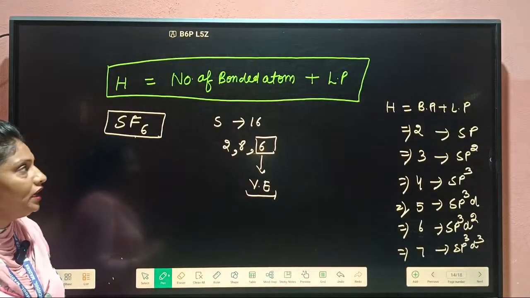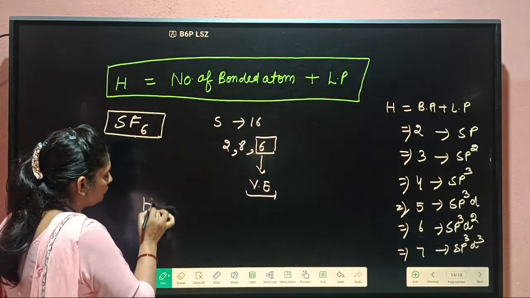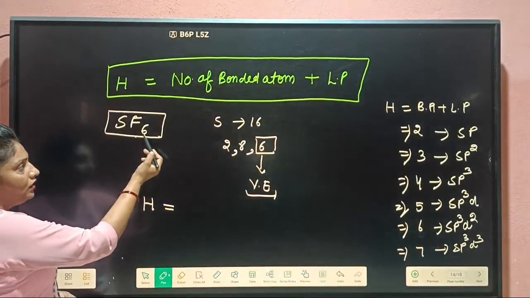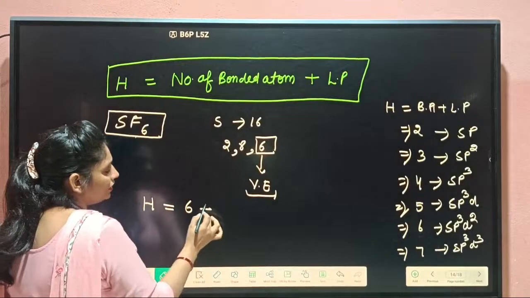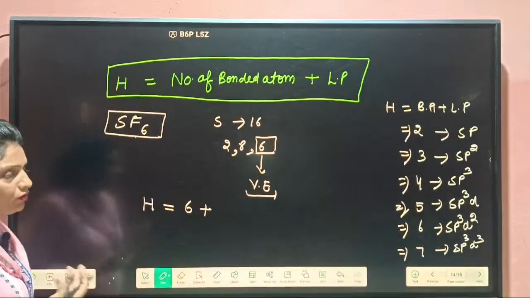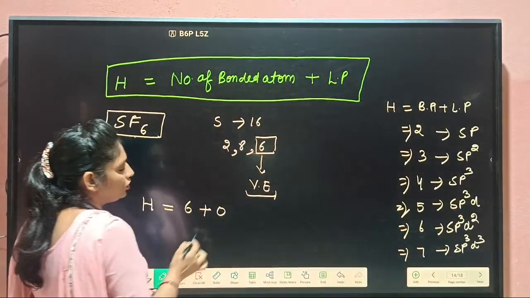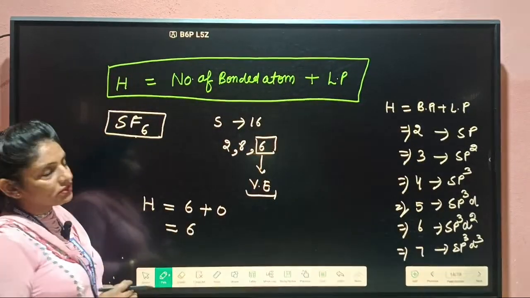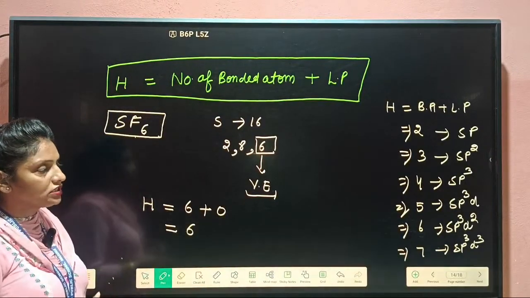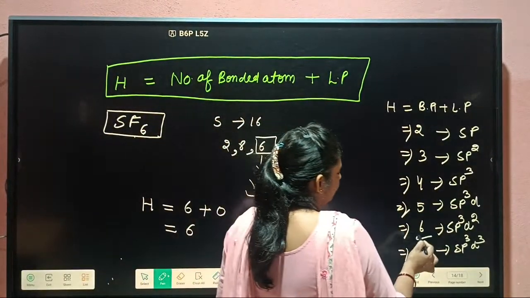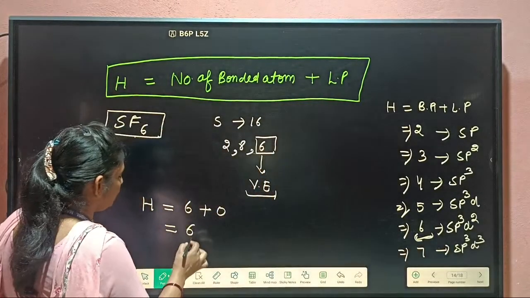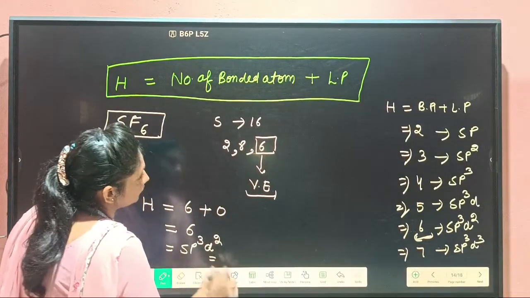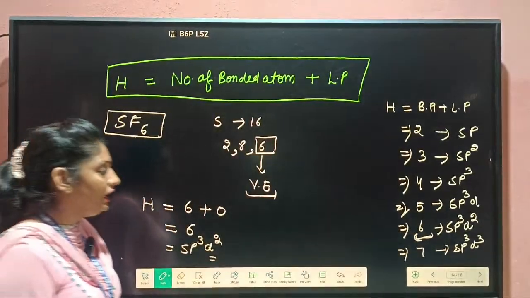So students, hybridization will be the number of bonded atoms, which is 6, plus lone pairs, 0, because all electrons are consumed in bond formation. So the sum is equal to 6, and if it is 6, then hybridization will be sp3d2. So in this simple way you can tell, students.